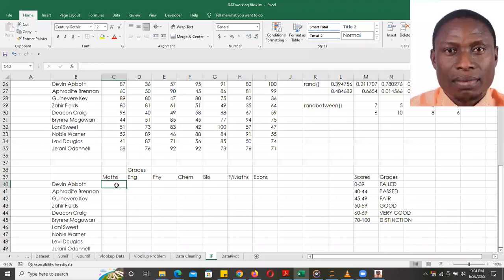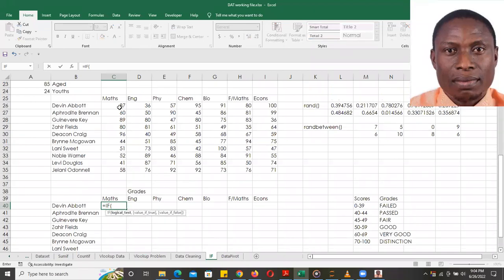We are still using our IF statement, because if, let me take it up a bit. If this guy is less than 40, then the person what? Failed. If it is less than 45, pass.